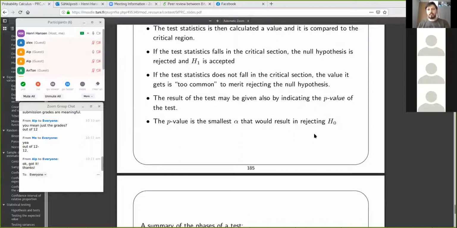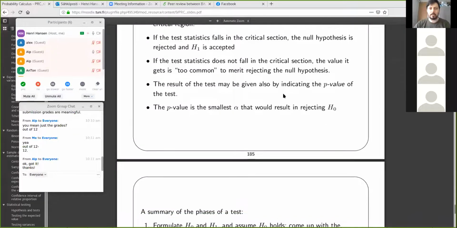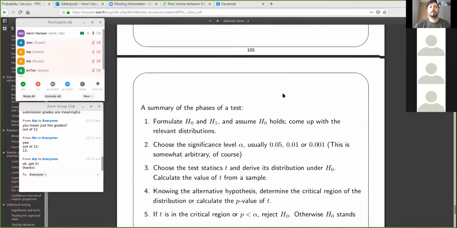It's statistically significant. Is it clinically significant? That's up to other people to decide. So understand that a small p-value doesn't mean that the difference is big. It just means that the probability of getting a difference this big is very small if they are the same. That's the interpretation of the p-value.